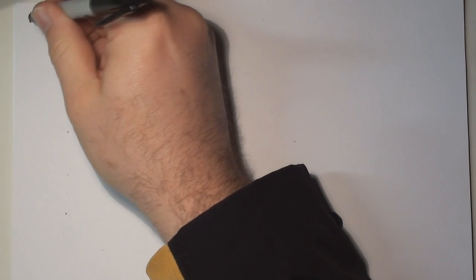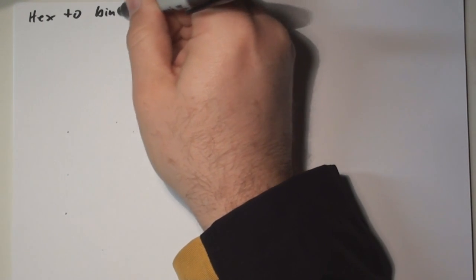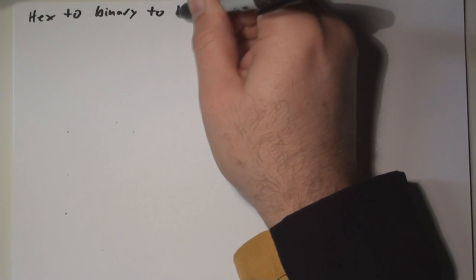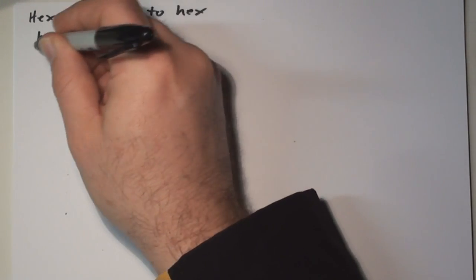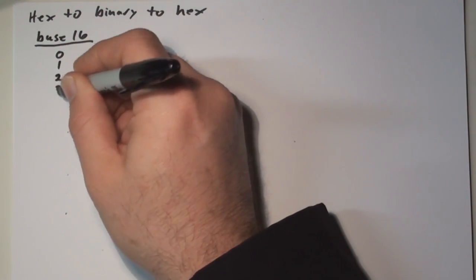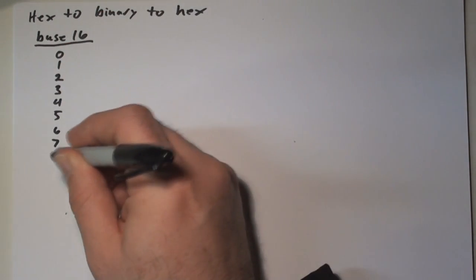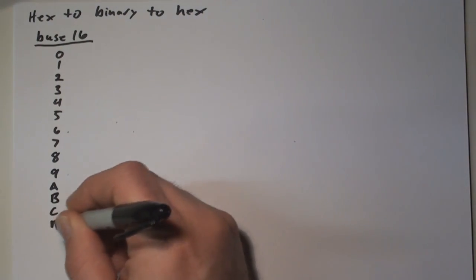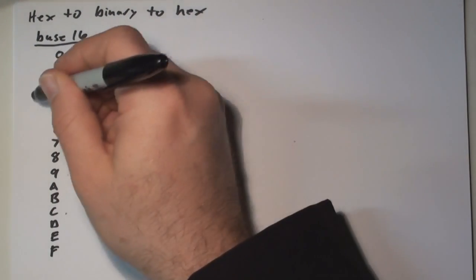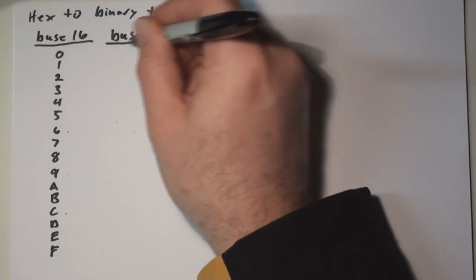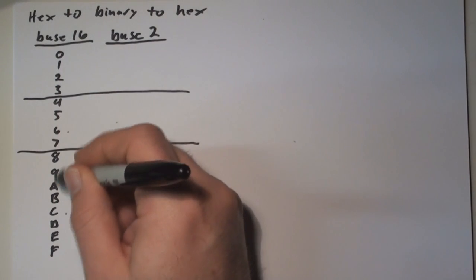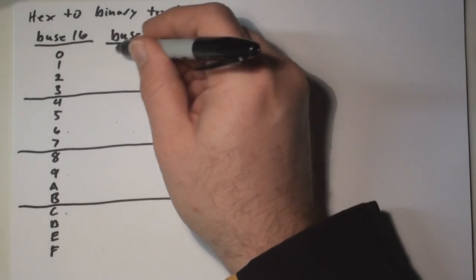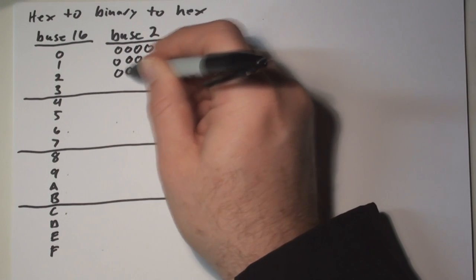Okay, now we want to convert from hexadecimal to binary and binary to hexadecimal. Now this actually is a lot easier to do because there's no division involved, but it requires some memorization. So first, we need to write down all our base 16 numbers, and then we're going to write down the binary equivalent for each base 16 number. Remember, we go from 0 to 9, A through F, that first 16 base 16 numbers. I'm going to draw a line every 4 numbers here, so it makes it easier just to keep these lined up. And so binary 0 is 0000.